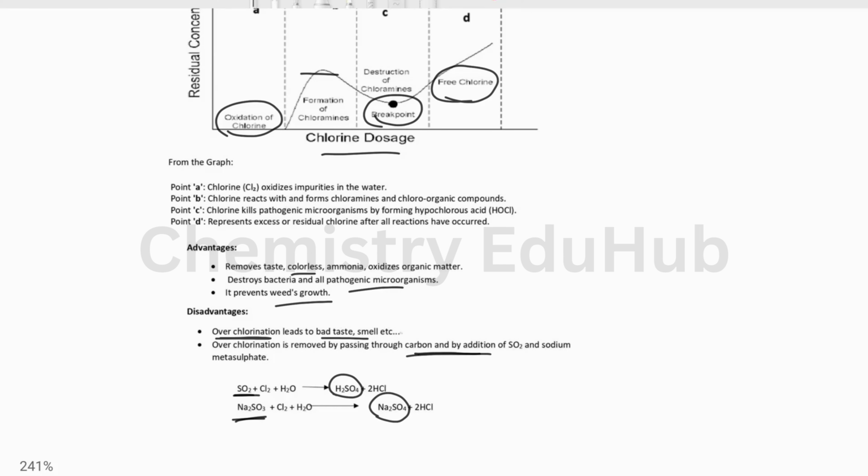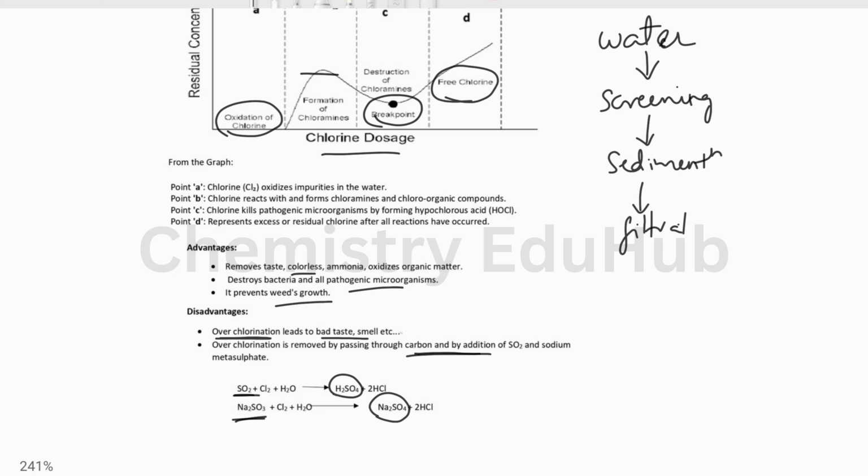So these are the steps involved in the removal of unwanted impurities. If we see the flow chart of water treatment, it goes this way. The municipal water is treated first by screening, removing the large particles. Then it is passed through sedimentation, then filtration, and if the water also contains colloidal particles, it is passed through coagulation as well.